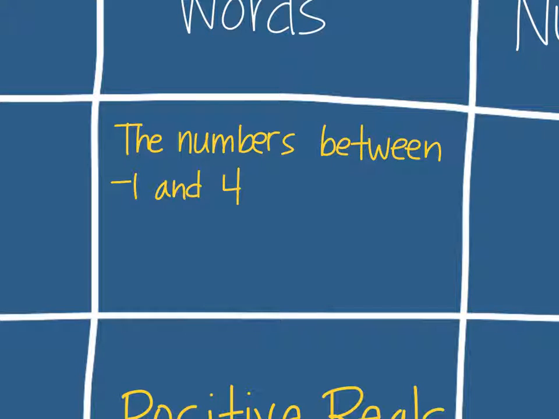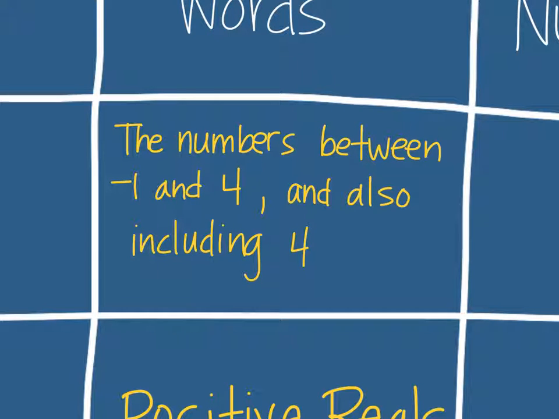The numbers between -1 and 4 doesn't mean including -1 or 4, but we want to include 4. So then you would add "and also including 4." So something like that. Okay, so the numbers between both of them, but also including 4, just not including -1. That might be how you would describe it.